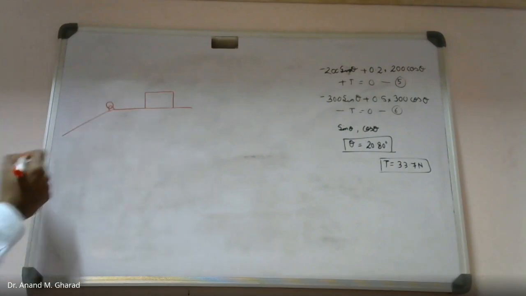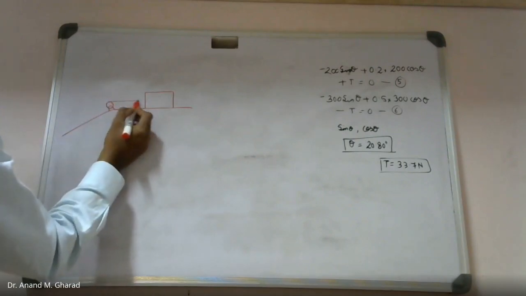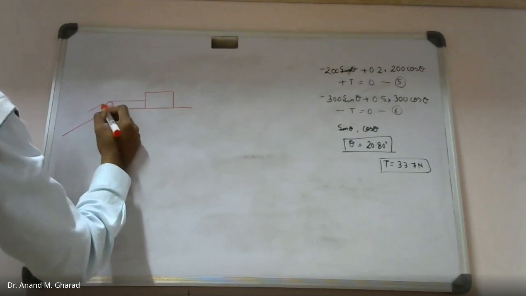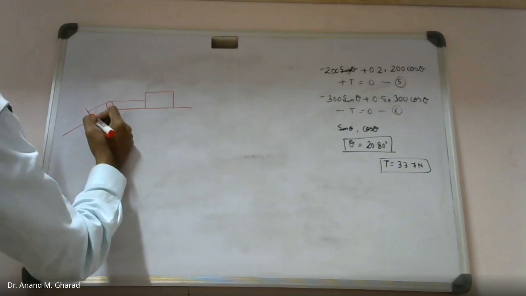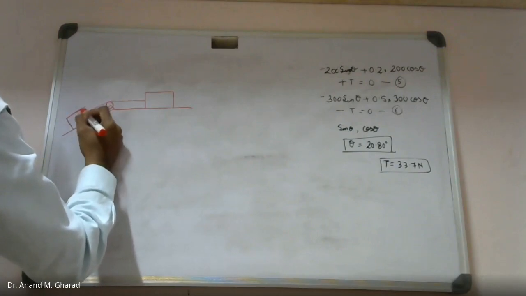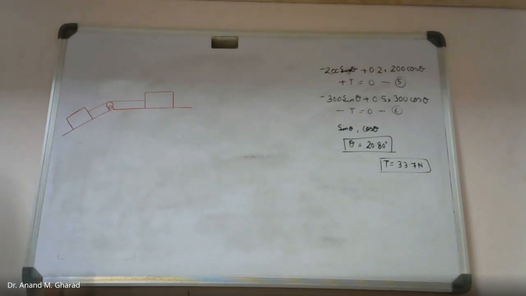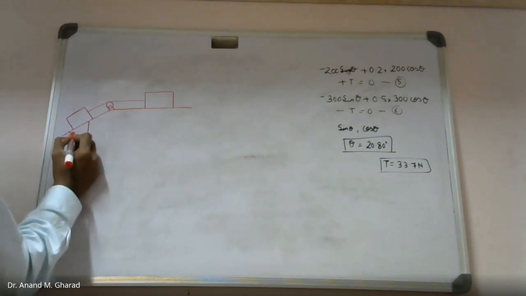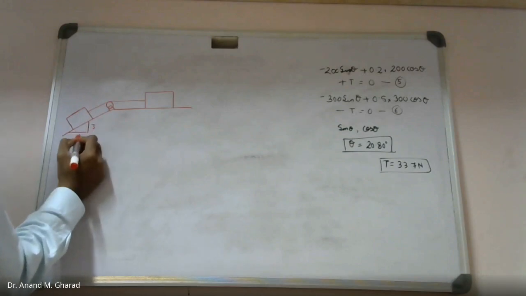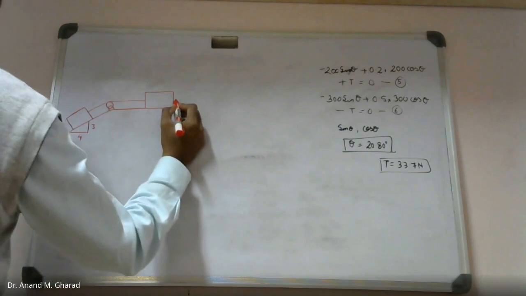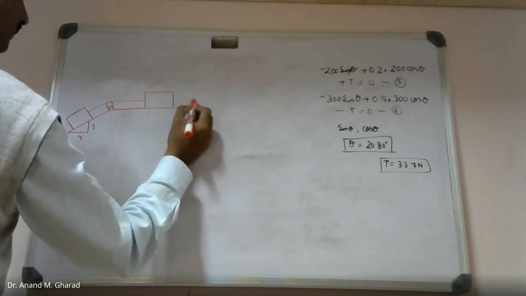Over here there is a pulley. Like this. The slope is mentioned, 3 vertical, 4 horizontal, and there is one more piece of information.